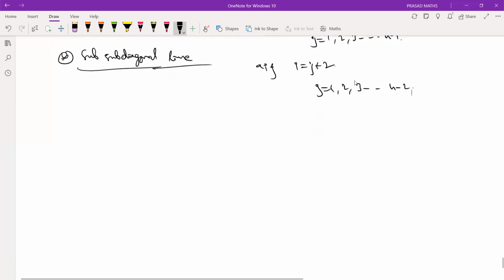Next question is, suppose your matrix is this, a square matrix.